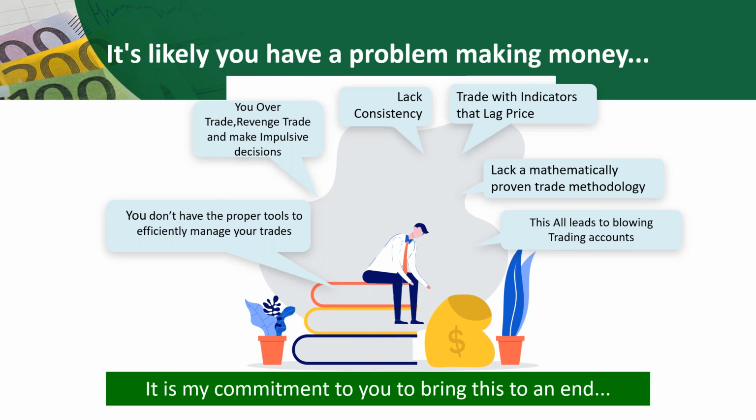We leave that for the retail traders. You lack a mathematically proven trade methodology, and all this leads to blowing up trading accounts. So my commitment to you for attending this webinar today and listening to what I have to show you is to bring this to an end.